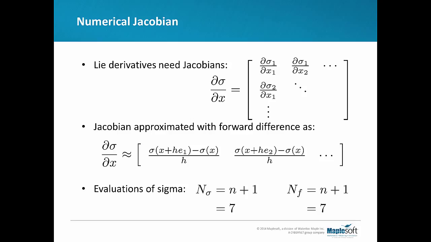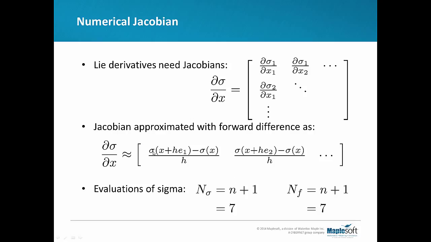And to compute these Lie derivatives, we need Jacobians and we need Hessians. If we look at the numerical approximation to the Jacobian, you're going to try to approximate this Jacobian matrix using forward differences. So you'd evaluate sigma for different perturbed values of x, form these forward differences, and this gives you the columns of a matrix.